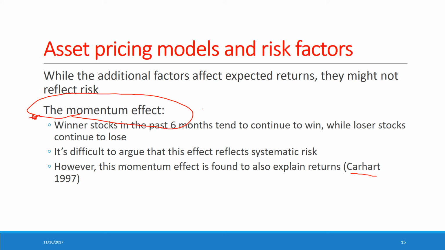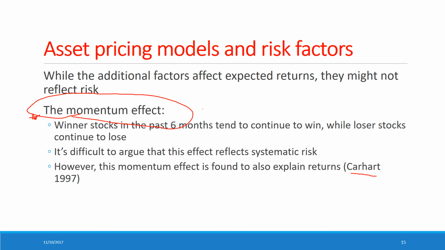So if they construct a factor of winners minus losers, which is what they call the momentum factor, and include that factor in the Fama and French three-factor model, they find that the model performs better. Therefore, his four-factor model outperforms the three-factor model by Fama and French, right?